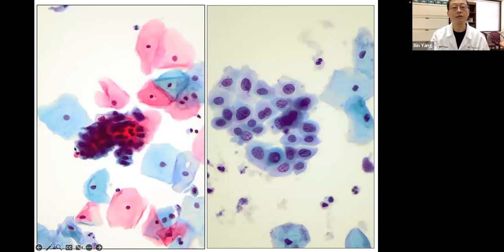And this group, a very hyperchromatic, crowded group with high NC ratio, hyperchromasia. I would say this is probably CIN3, and this looks more like a CIN2. Sometimes when you have this lesion, it's a challenge, especially when you have a background of LSIL.